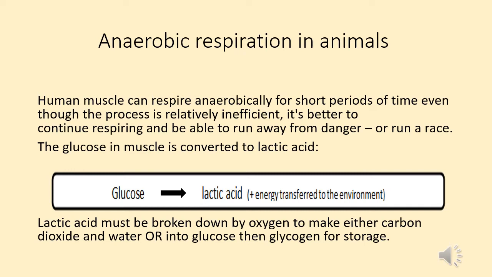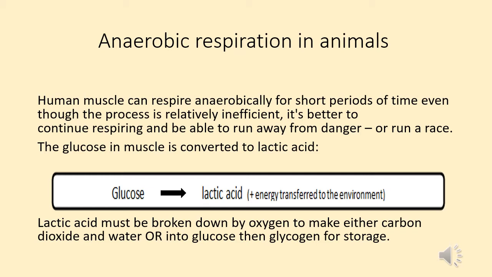Okay, we know, since we have done the response to exercise lesson, that when your body exercises, you require more oxygen in your lungs to be able to be used in respiration. Okay, that process that gives you energy to be able to make the muscles contract and have body parts moving.